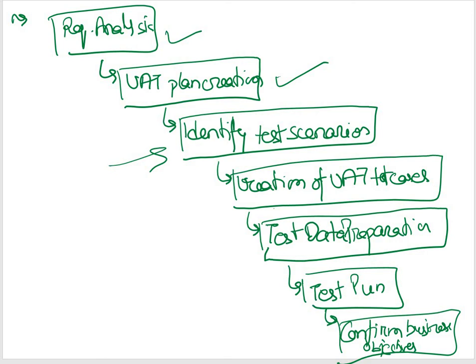Then we identify your test scenarios with respect to some of the high level business processes, and we create the test cases with some clear test steps. Your test cases basically should sufficiently cover most of these user acceptance testing scenarios. So it's like already the things are done, we don't have to take much care. Then we have creation of user acceptance test cases, and then we run and record the result, we confirm the business objectives, then we look for exit criteria.